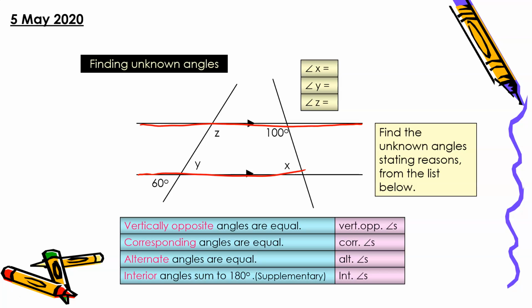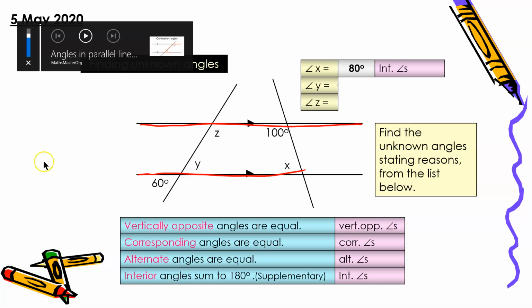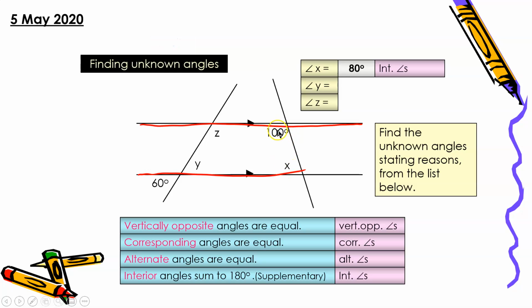So if we take a look at X, what do we think is the value of X? That's right, it is 80 degrees, and that's because of co-interior angles of a parallel line.